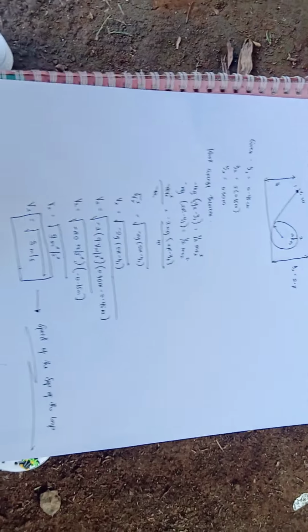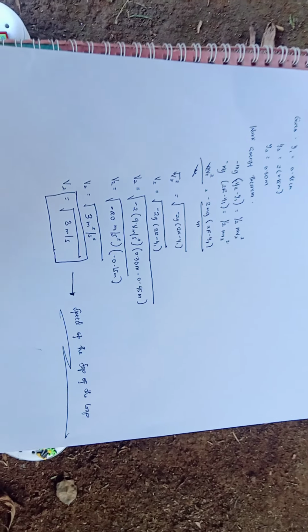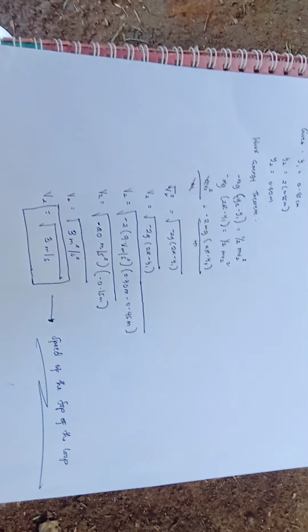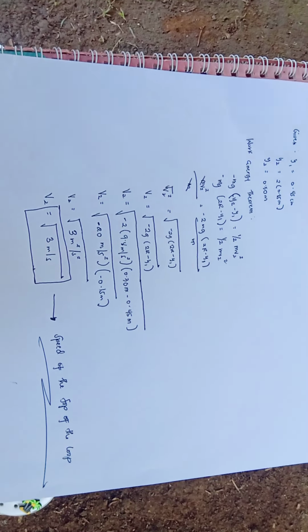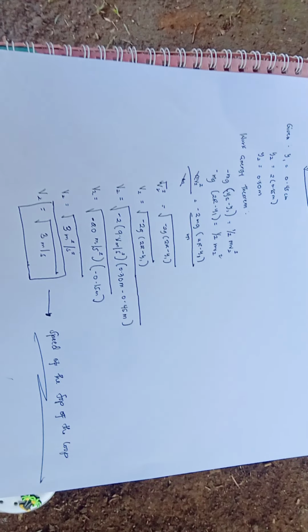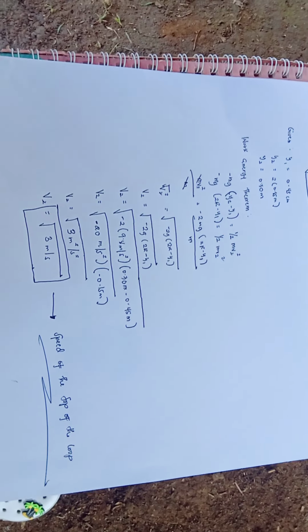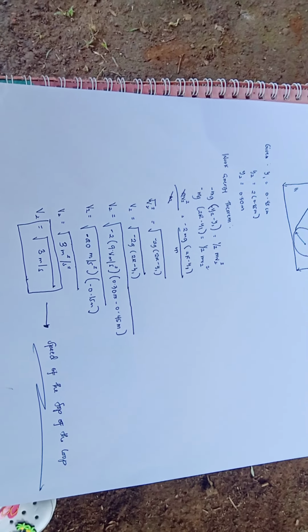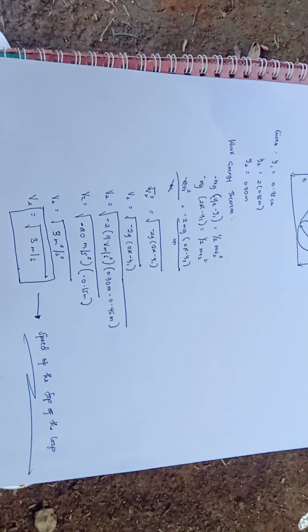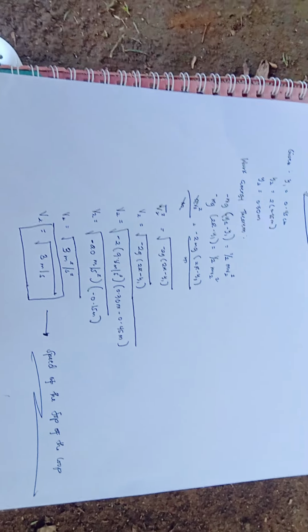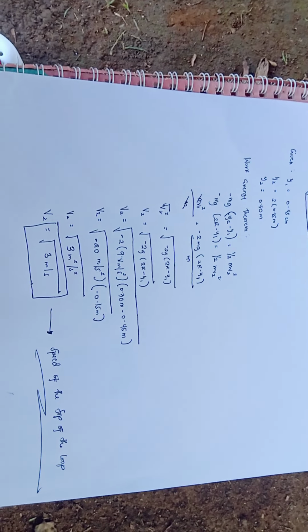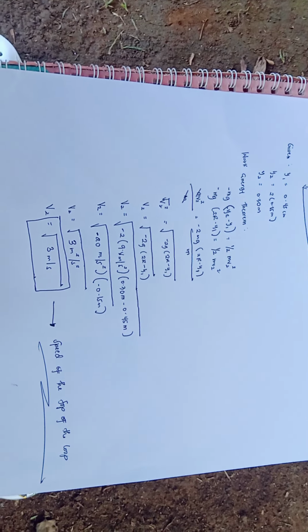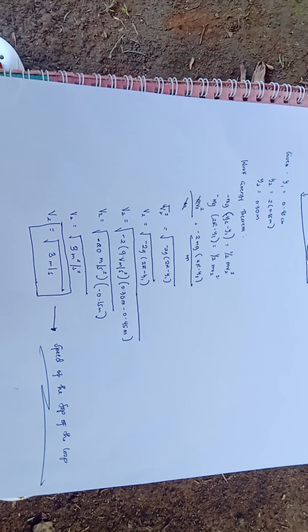For the work-energy theorem: negative mg (mass times gravity), y2 minus y sub 1, equals 1/2 m v2 squared, and then negative mg times 2r minus y1 equals 1/2 m v2 squared.